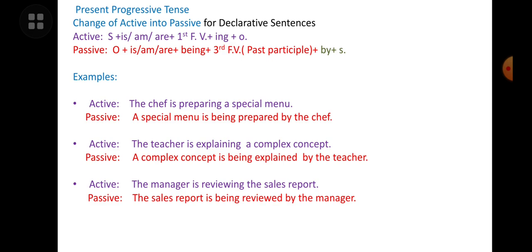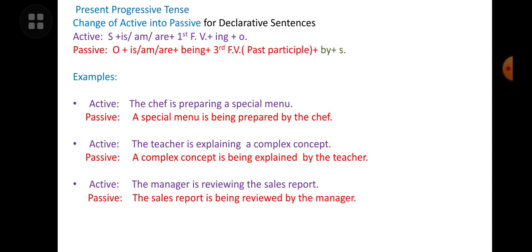So here the sentence structure for this tense is: object of active voice, plus is, am, or are, plus being, plus third form of verb, which is also called past participle, plus by, plus subject of the active voice. Here it will become the object. So you should point out what is the object of the active sentence.